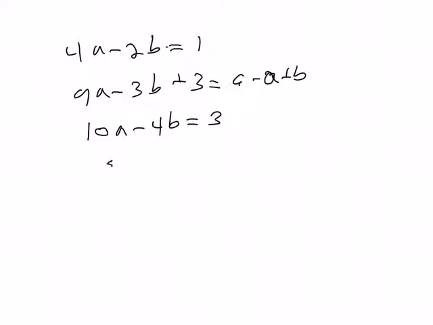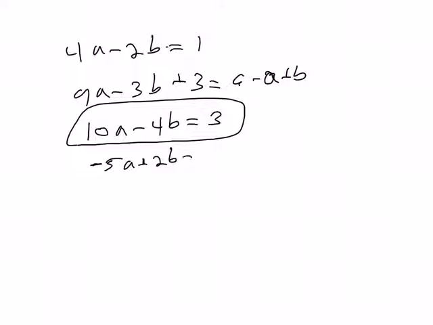So we want 5a minus 2b, we can divide this whole thing by 2, let's divide by negative 2, so this is going to be negative a plus 2b equals negative 1.5. Now we can add this to this side and this to this side, right, because they're equal.